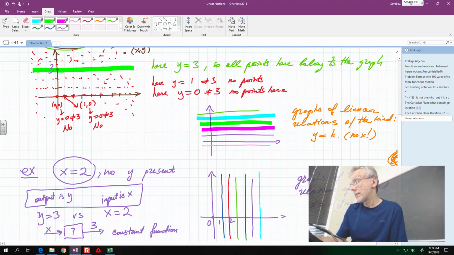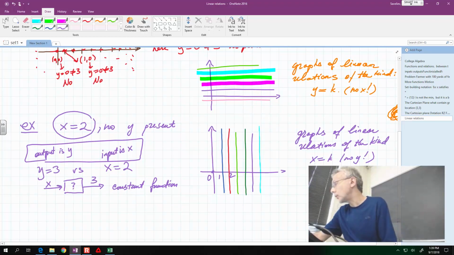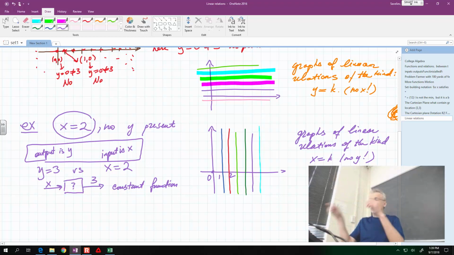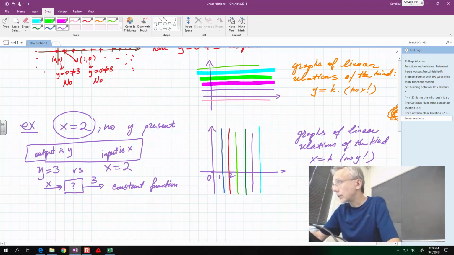However, x equal 2, think about what x equal 2 means. It means that the so-called independent variable is actually fixed. And then there is no word spoken about what y is. So it is not a function. If you look at the graph, it appears that there are many outputs. So suppose I'm looking at 2. This is my input. How many outputs do I have?